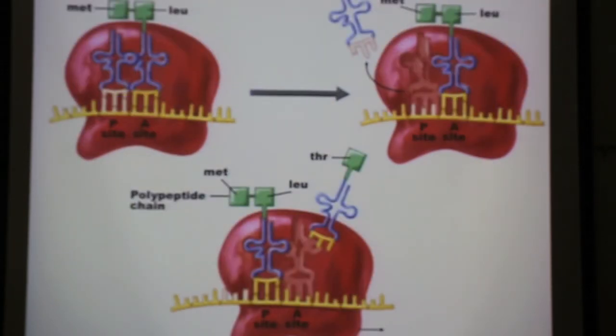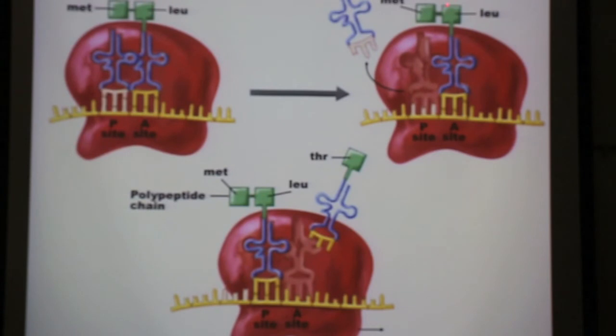So once again, if you look up here in this picture, here's my polypeptide chain I'm building. Here is my P site, okay? And notice this amino acid is shifted over and connected right there. So what's in my P site now is just a tRNA that no longer has its amino acid, so that floats away.